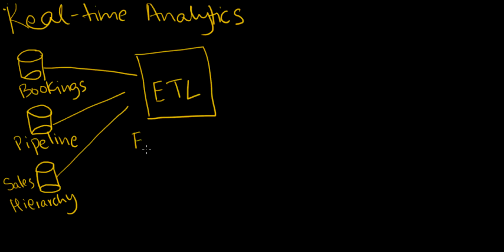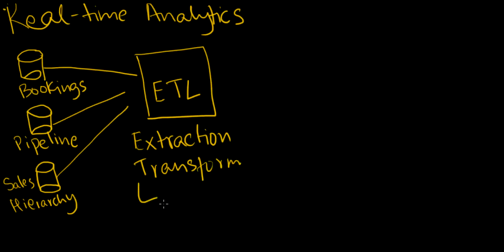So ETL stands for extraction, transform, and load. So through this process, you're able to extract the relevant attributes for your model, and you're able to apply any algorithms that are required, and then you load it into your data warehouse.